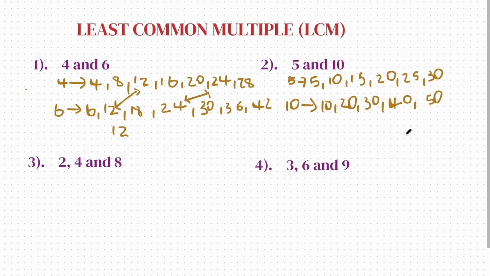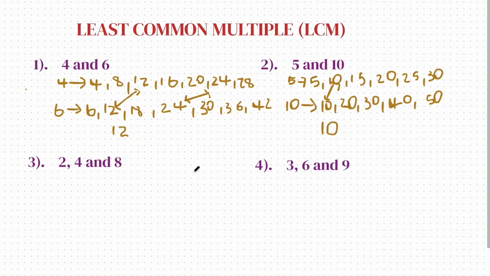Remember, for LCM we should do what? We should find the first common value. So what's the first common value among 5 and 10? That would be 10. So the LCM of 5 and 10 is actually 10.